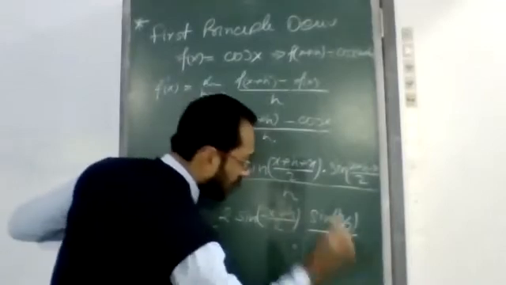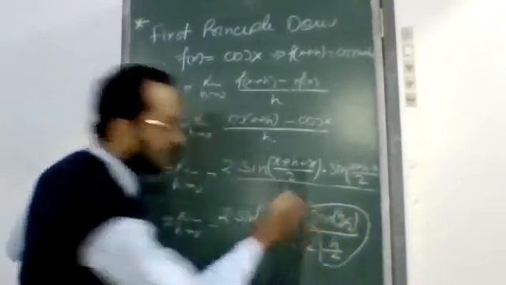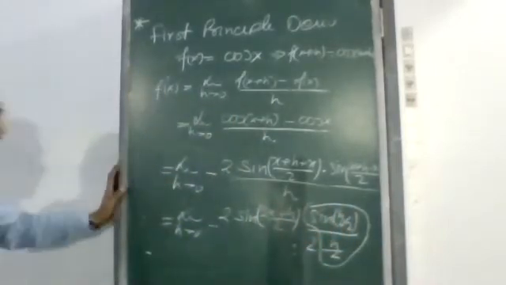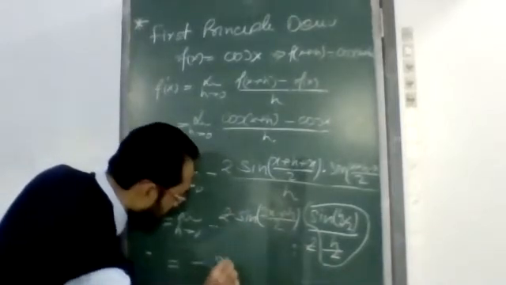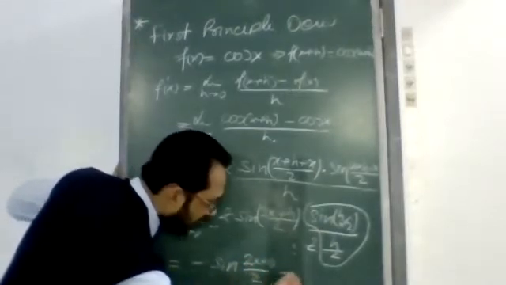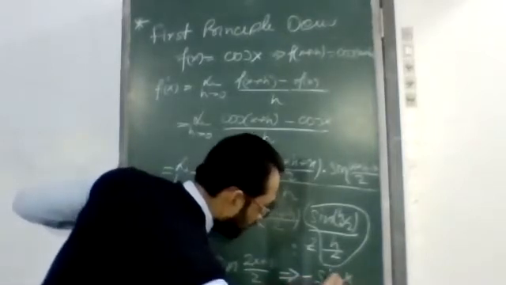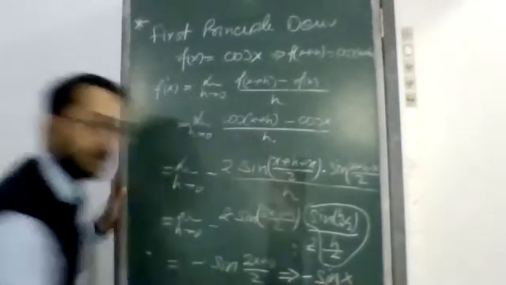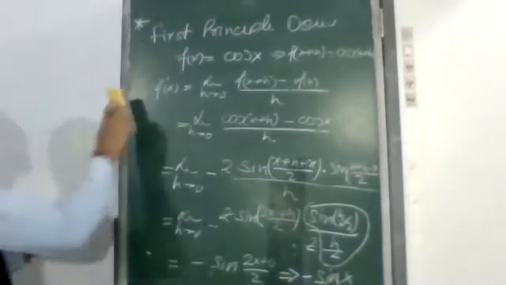Now 2 divide 2 multiply, so that this term becomes 1. This 2 to this 2 will get cancelled. Now what is left? Minus sine((2x plus 0) by 2), that implies minus sine x. So the derivative of cos x is minus sin x.